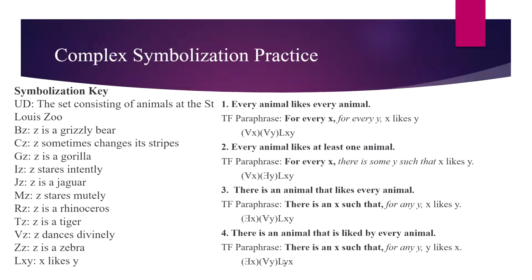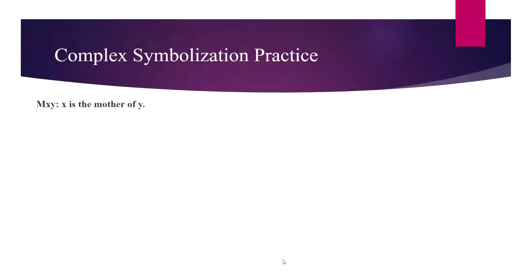Now I'm going to briefly step away from the problems we're working with here, just to give you another set of examples to impress how important the ordering of your quantifiers is, and how important the ordering of the variables is. So this is going to be our one predicate, right?